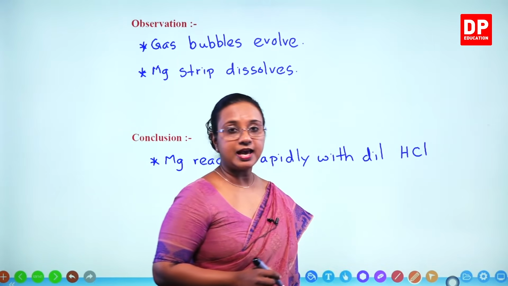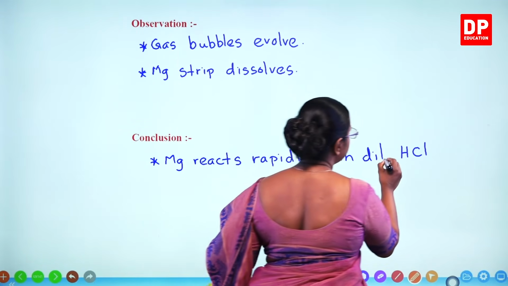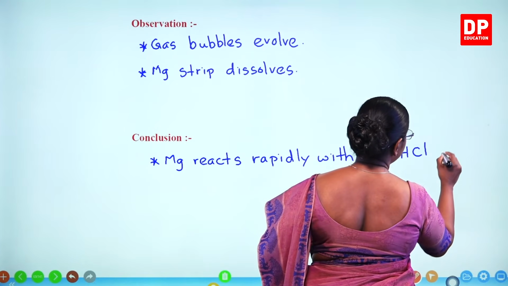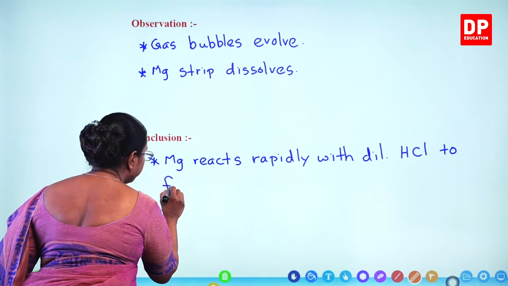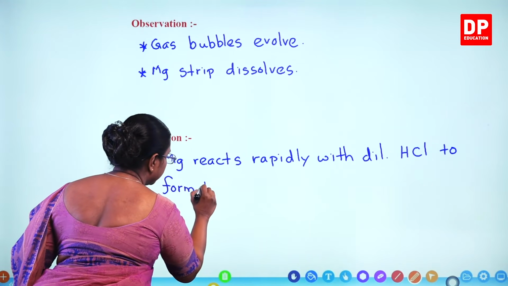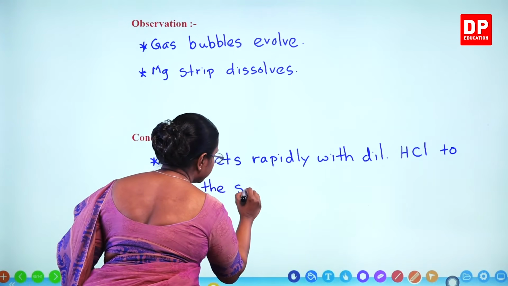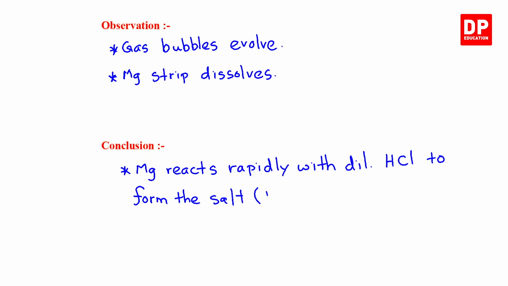Here when I write as DIL, that means it's dilute HCl, to form the salt magnesium chloride and evolves hydrogen gas.